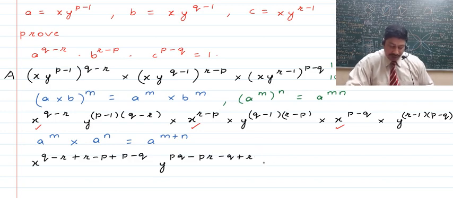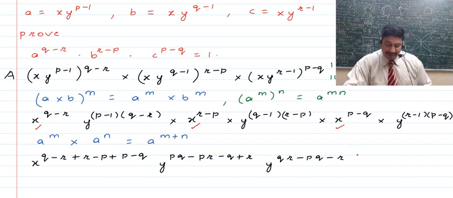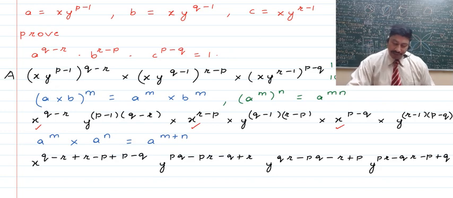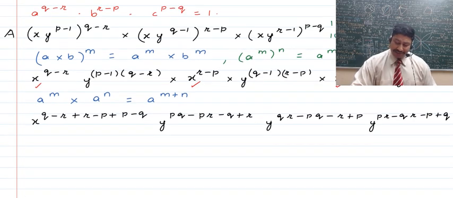Similarly when we talk about the power of y next, it will be qr minus pq minus r, and plus p, and again we will have the power of y to be pr minus qr minus p plus q. Now as all of these are powers of y which are in multiplication, we'll keep y the same base, and we will add the powers.